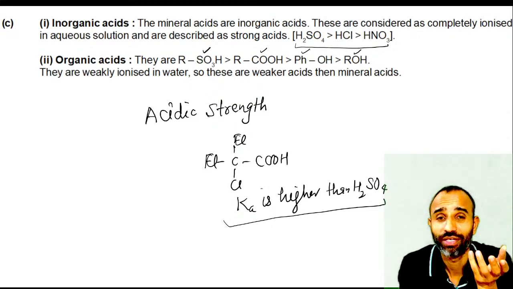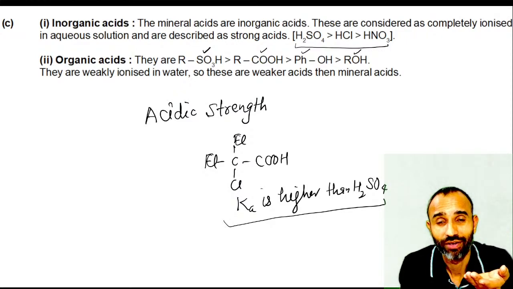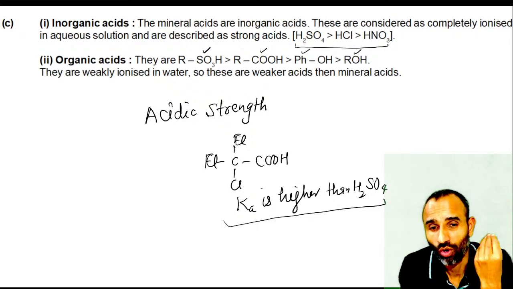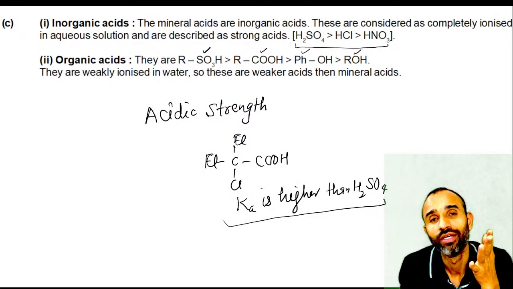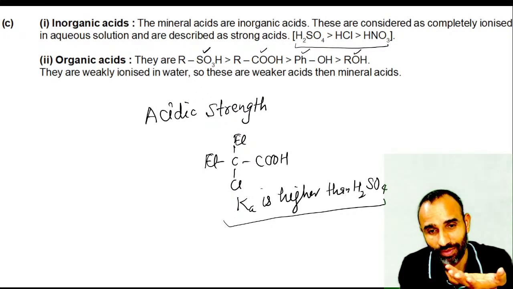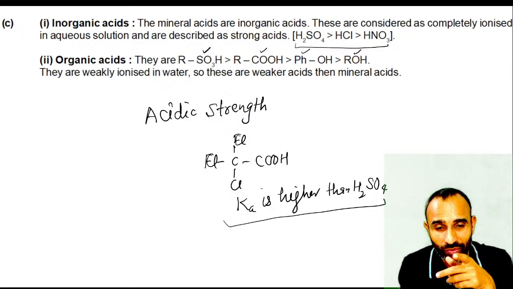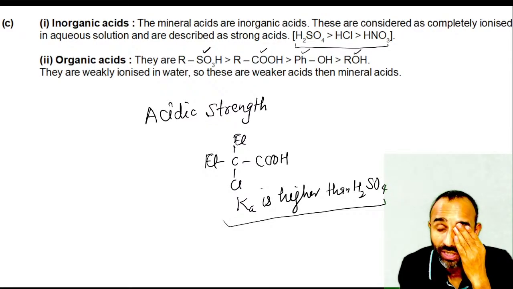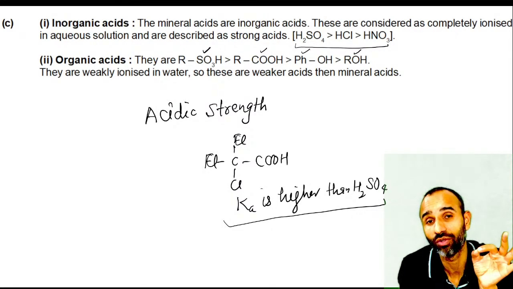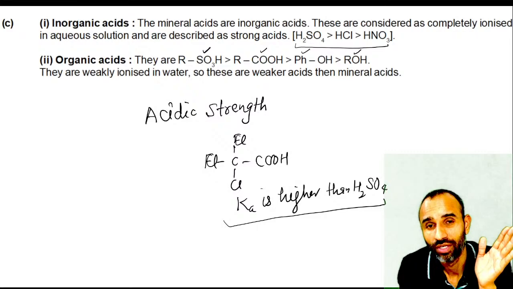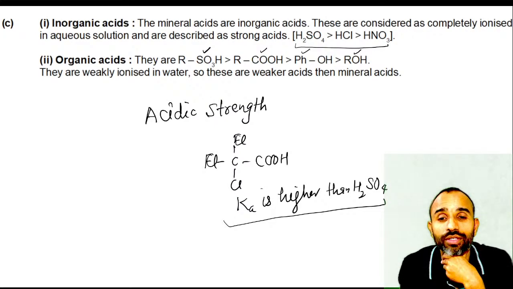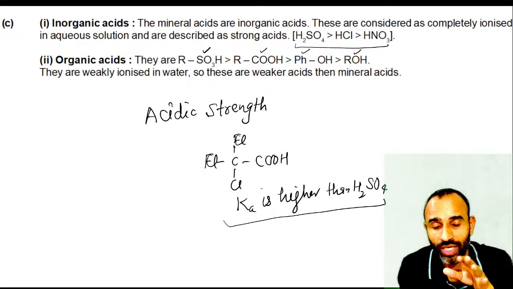Actually H2SO4 is a mineral acid, and trichloroacetic acid is an organic acid, and organic acids are generally weaker than mineral acids. But if Ka is given and you compare on the basis of Ka, and Ka is the right criterion to decide which one is the stronger acid, then trichloroacetic acid, with a higher Ka value, should be stronger than H2SO4. I will check and let you know. Okay.